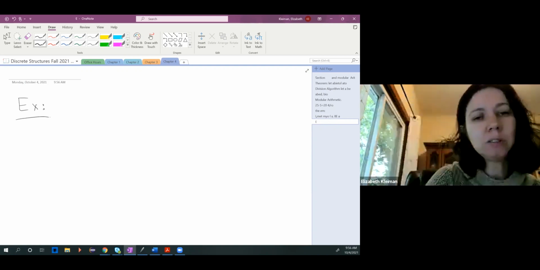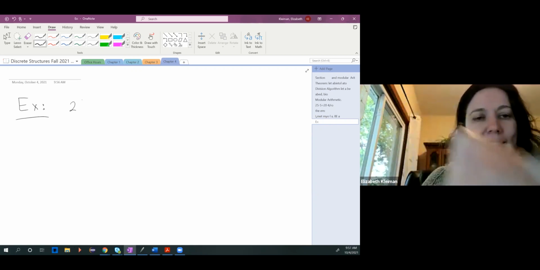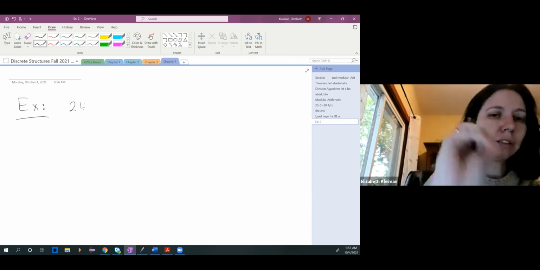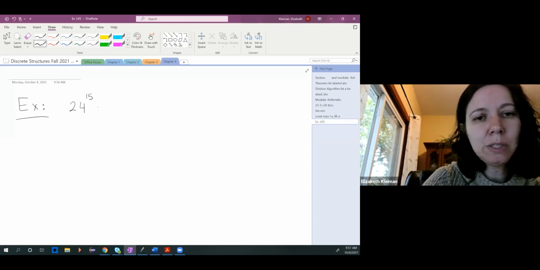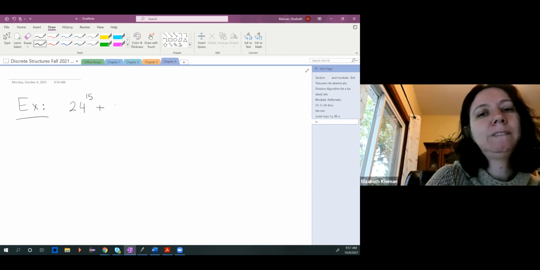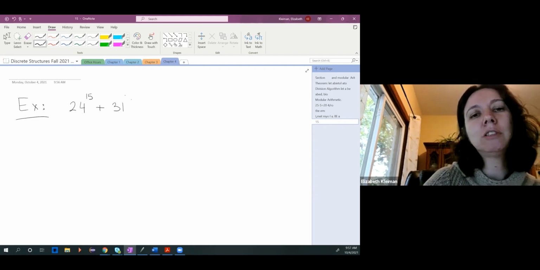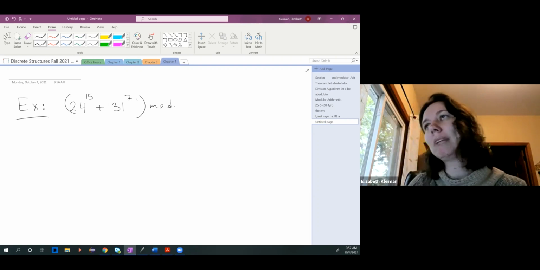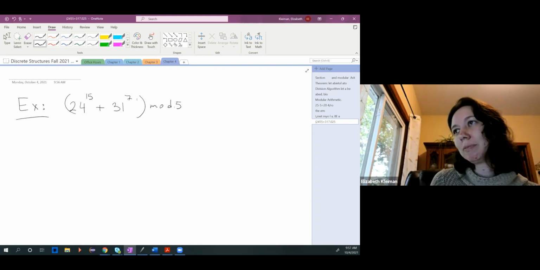So assume I'm going to take, I don't know, 24 to the power 15, actually let's do plus 31 to the power 7, and I want to figure out how much it is mod, I don't know, 5, for example.